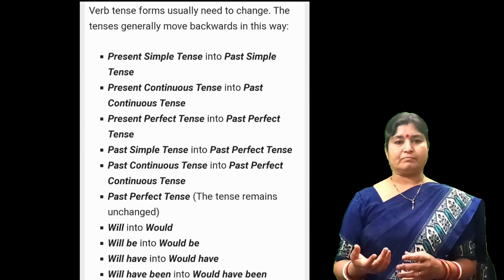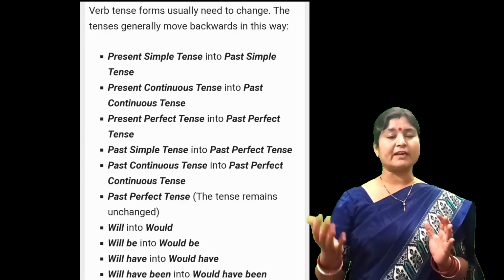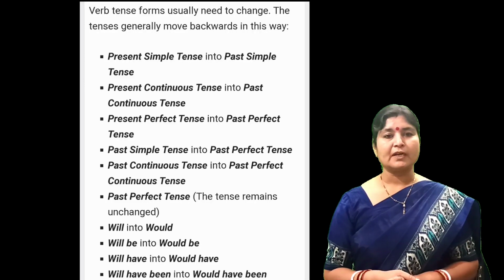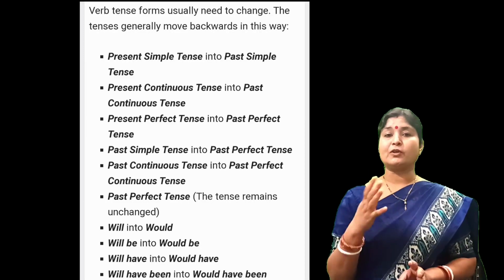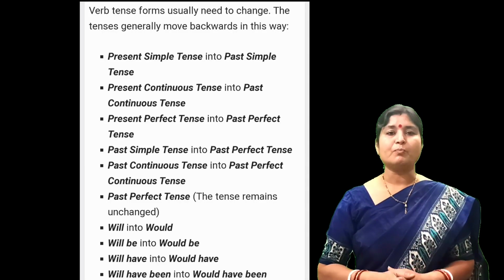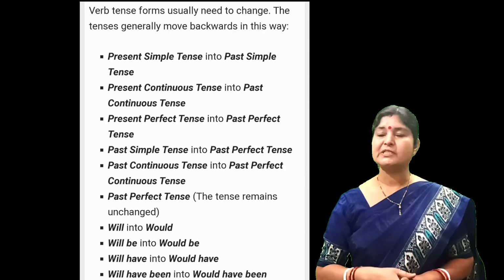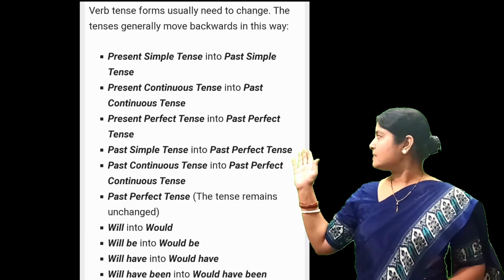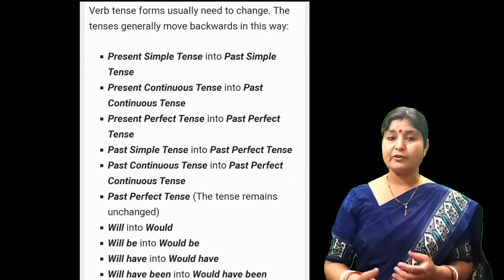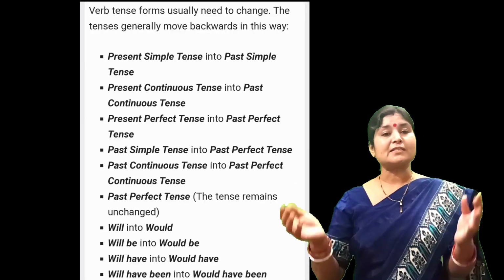When changing from direct to indirect speech, we need to change the tense. Verb tenses usually need to change, and the tense generally moves backward in this way. Simple present changes into simple past. Present continuous changes into past continuous.